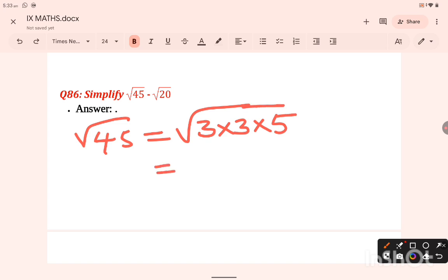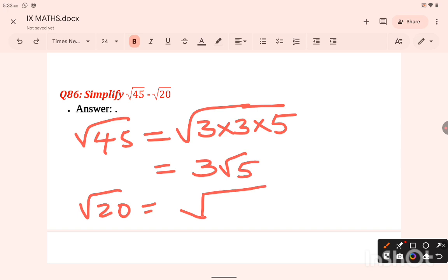This gives 3 root 5. Similarly, root 20 can be written as root 2 into 2 into 5. This gives 2 root 5.